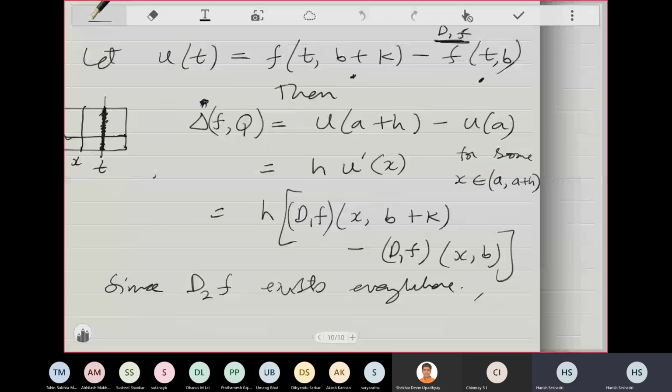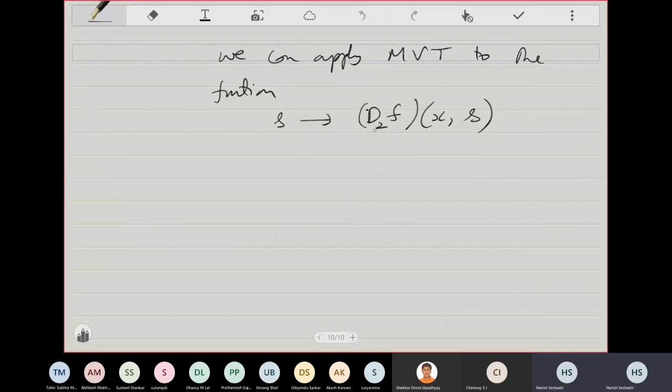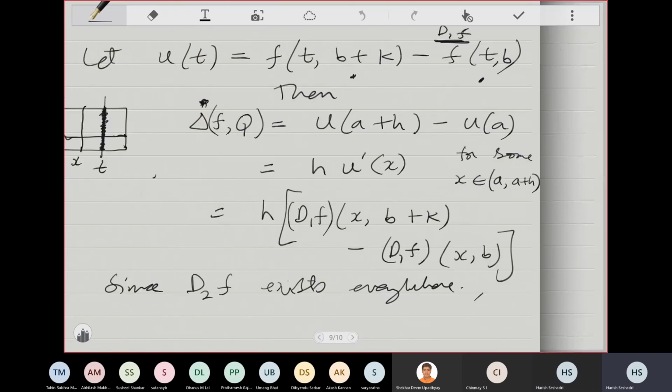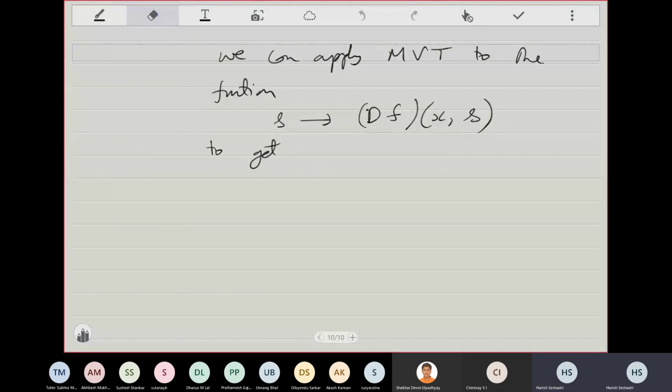So to this function, I apply the mean value theorem, to get, well, why did I write d2? It was d1 here.